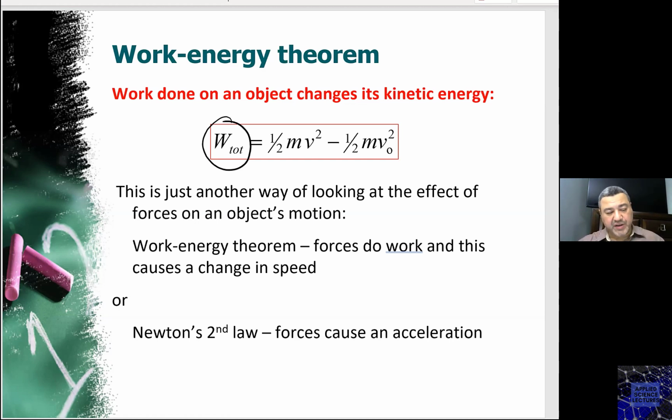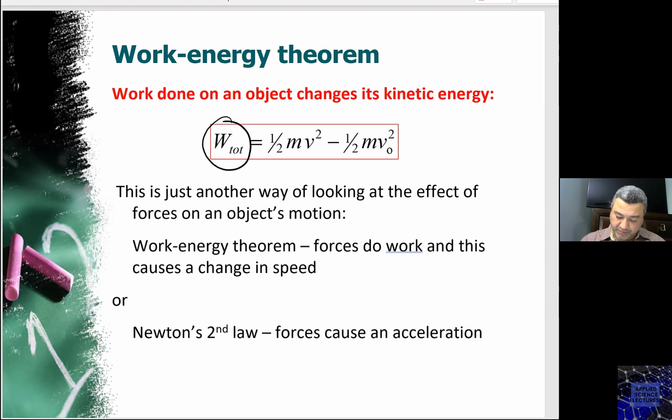So I can calculate now the total work that has been done by this force by knowing the difference in the kinetic energy between the final state and the initial state.